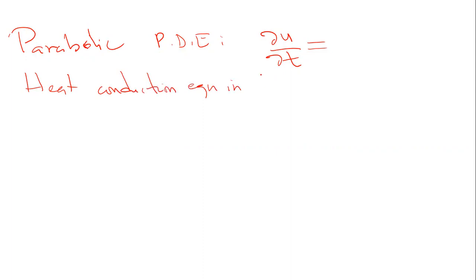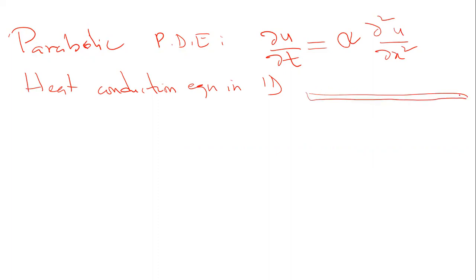This will be del U upon del T equals alpha del square U upon del X square. This is the 1D heat conduction equation. It describes the distribution of heat in a one-dimensional system, like a rod.